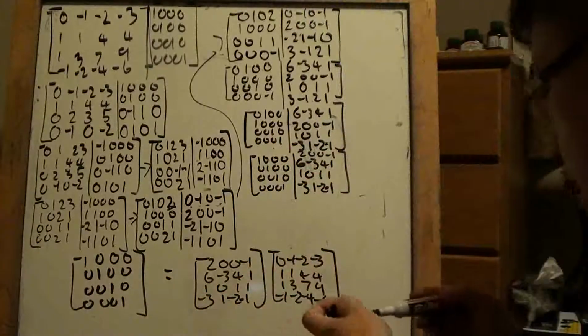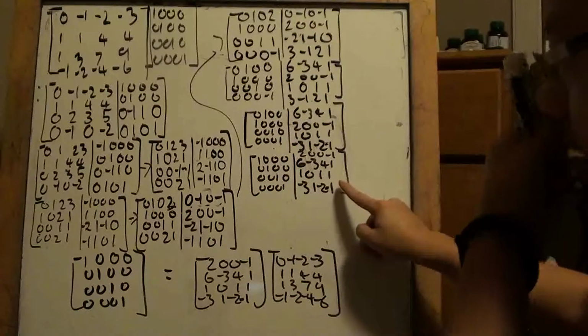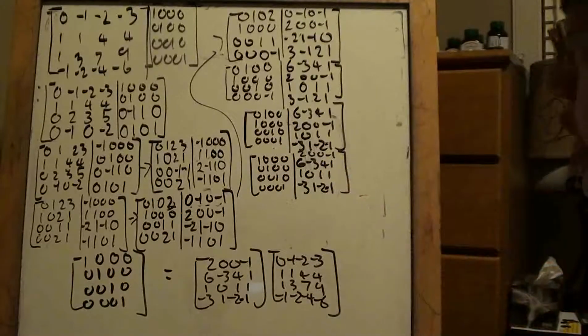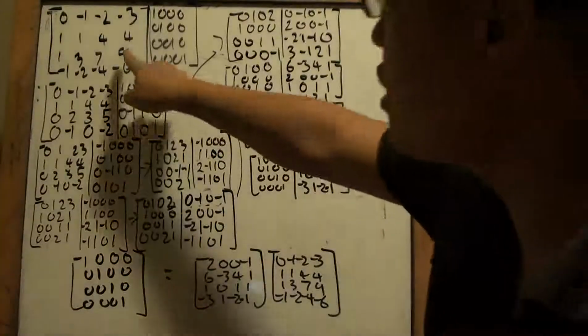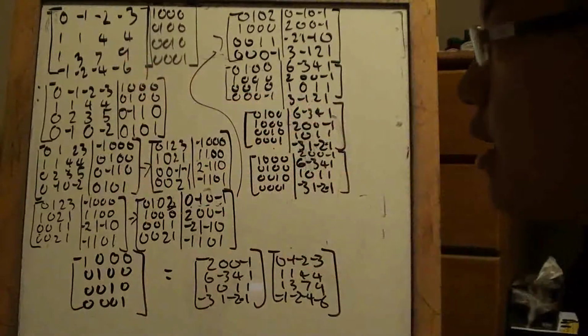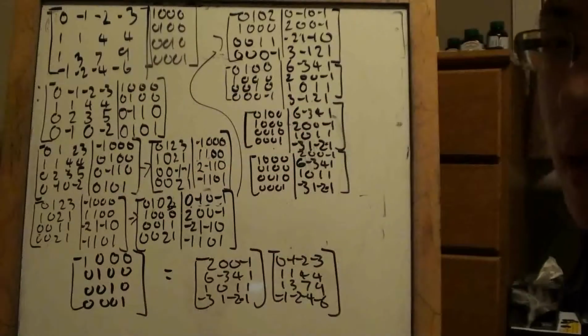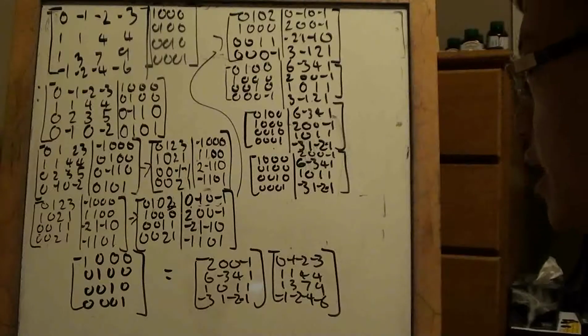Okay, so hopefully this is the correct inverse, right? But again, you can never be sure about this. So as I advised before, you get this inverse and then multiply it by the original, and if I did everything right, it's going to have to give me the identity matrix.